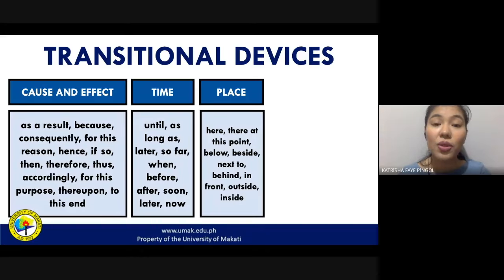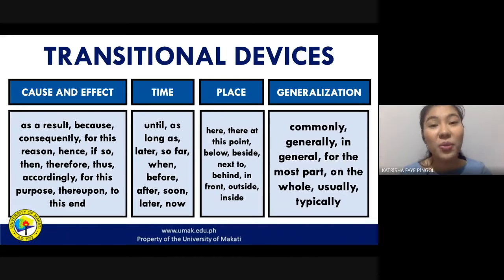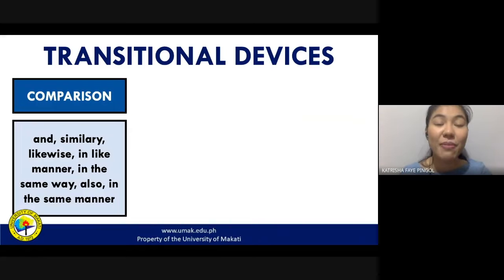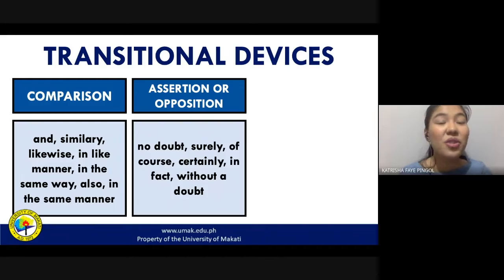It could also be used to indicate place. Words such as here, there, at this point could be used to indicate a specific setting, a physical setting. When you want to make generalization, you can also use transitional words such as commonly, generally, and so on and so forth. Similarly, when you want to identify similarities among and between certain things, then you can use transition words such as and, similarly, likewise, etc. There are also words for giving assertions or giving oppositions about certain things.